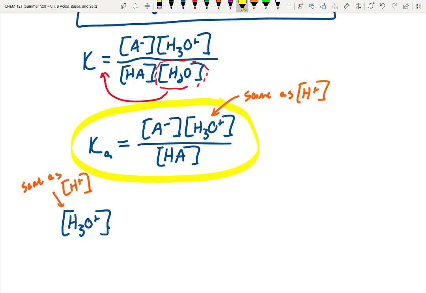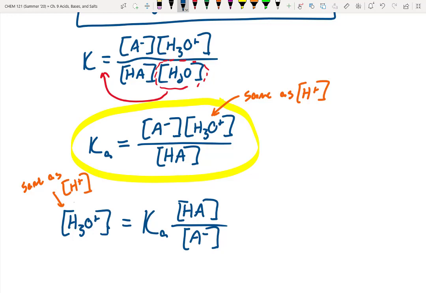If we do some algebra, we can rework that equation to get that variable on one side, which leaves us on the other side with Ka times HA, which will now be on top. If you need to review your algebra, just let me know. And A minus now on the bottom, right? So this would be our new expression.